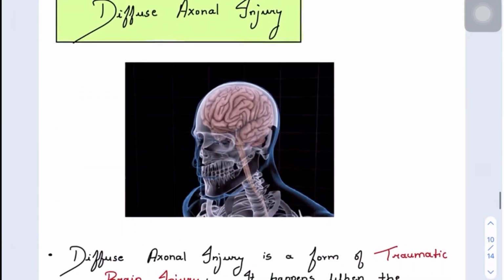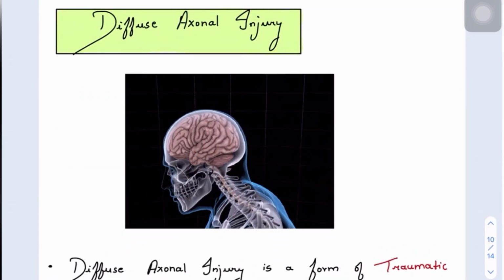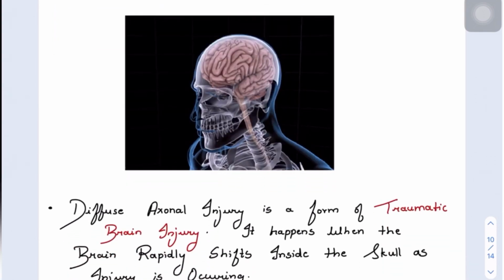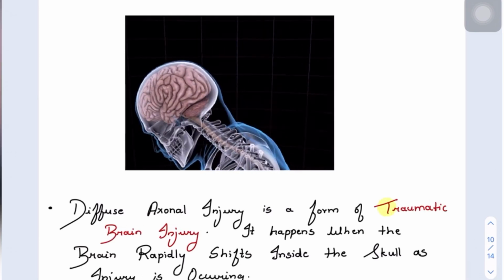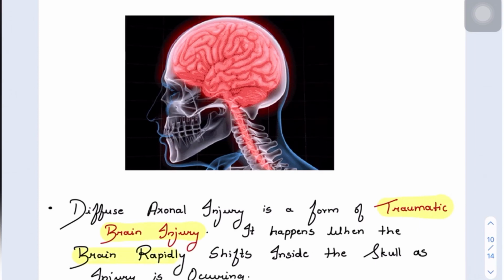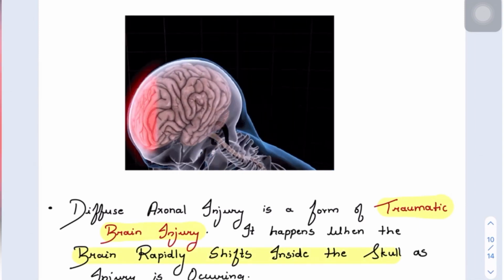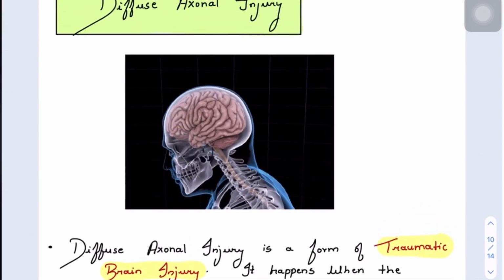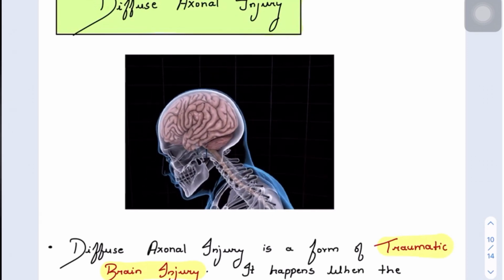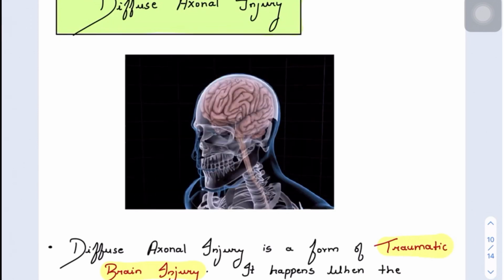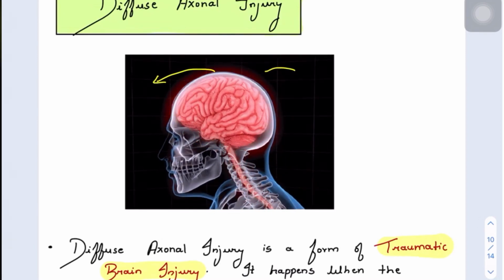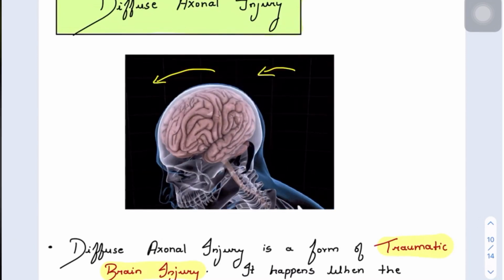So let's talk about diffuse axonal injury. Diffuse axonal injury is a form of traumatic brain injury. It happens when the brain rapidly shifts inside the skull as injury is occurring. You can see in this image there is something like an accident, or you can say any kind of trauma in which the brain is rapidly shifted inside the skull.